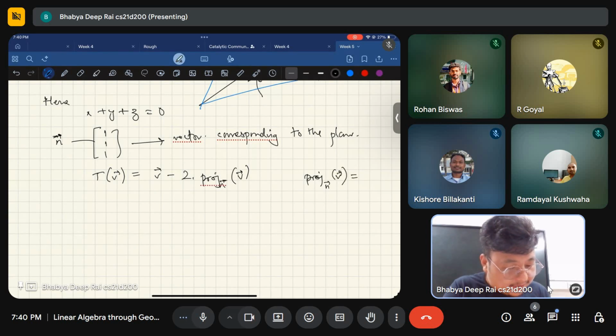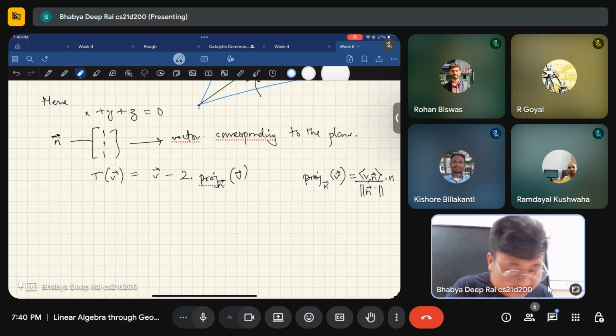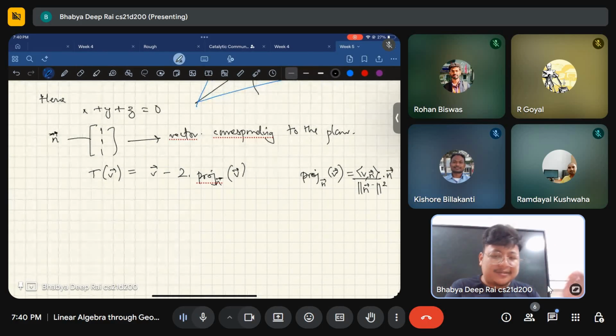It is the dot product of v and n divided by the norm squared, times the vector itself. So this is the formula of orthogonal projection from the vector onto the normal to the plane.